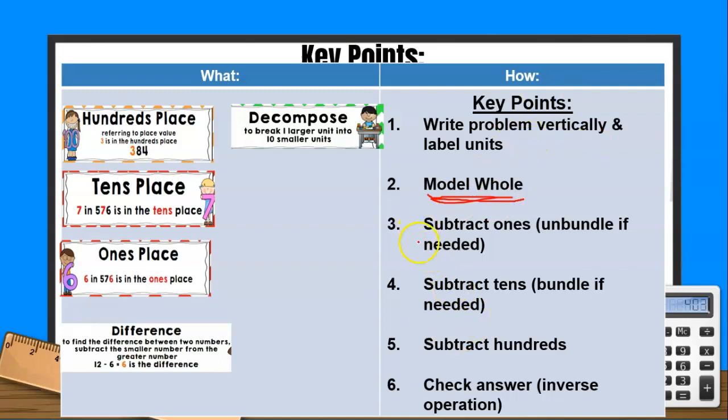Then we continue with the same steps. The only difference is that we only model the whole. You subtract the ones. If you don't have enough, you unbundle. Then you subtract the tens. If you don't have enough, you unbundle. You subtract the hundreds. And then we're doing a new step. We're going to check our work by doing the inverse operation.